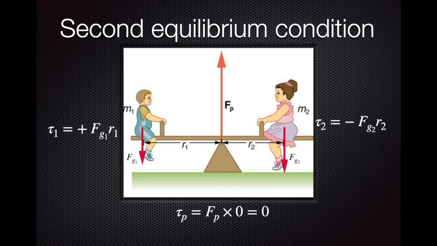Now, if we look at the torque from the child in the blue overalls, the force points down, and the moment arm is horizontal. It's the distance from where the child is sitting to the pivot point. So we can multiply those two together, and you can see that I haven't included an angle.